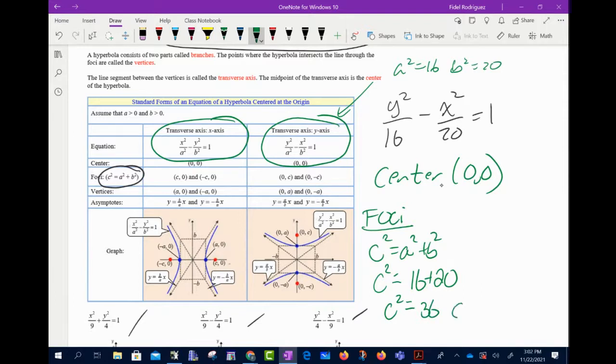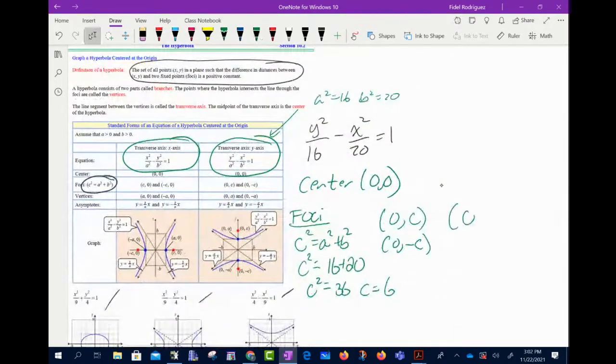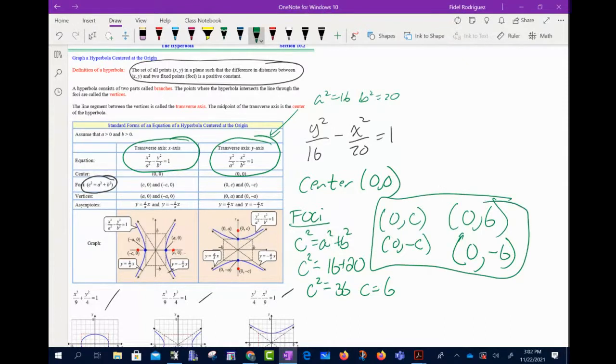If c squared is 36, everybody agrees c is equal to 6? Okay. So the foci here, y'all, are going to be the points 0, c and 0, negative c. So in this case, the foci is going to be at the point 0, 6 and 0, negative 6. Okay. So we found our foci.